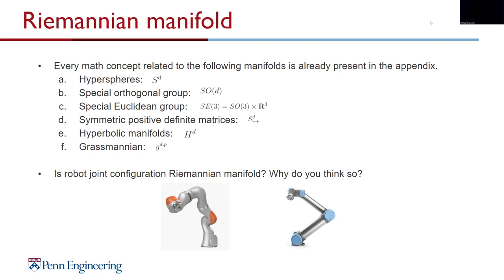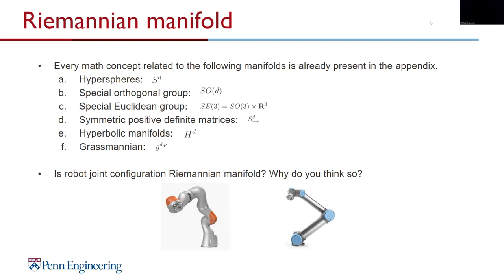And hyperbolic manifolds, which are the trees and graphs. Graphs actually lie on the manifold, but not many people use this, so you can just forget about it. Also, a Euclidean cross product is possible on Riemannian manifolds. If you take the cross product of two Riemannian manifolds, it's also a Riemannian manifold.